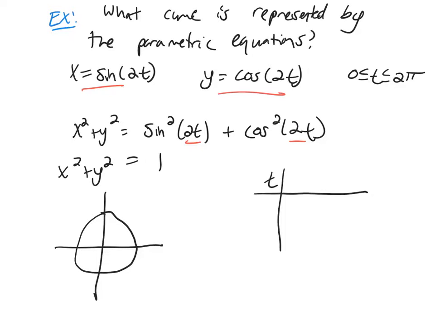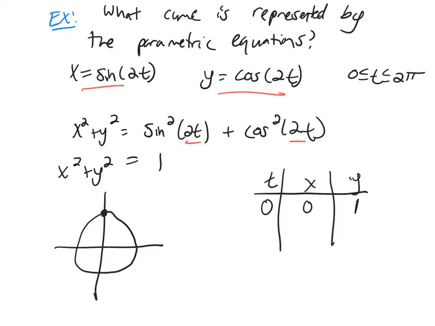So let's plug in t equals 0. Now x would be 0 and y would be 1. So we're starting at a different point. x is 0 and y is 1, so we're starting at the top of the circle.